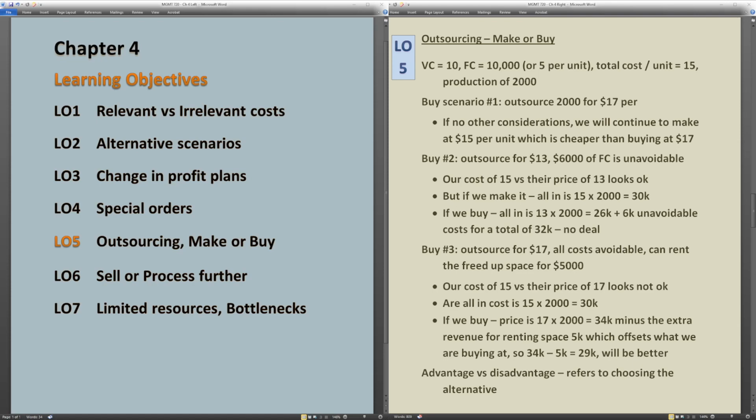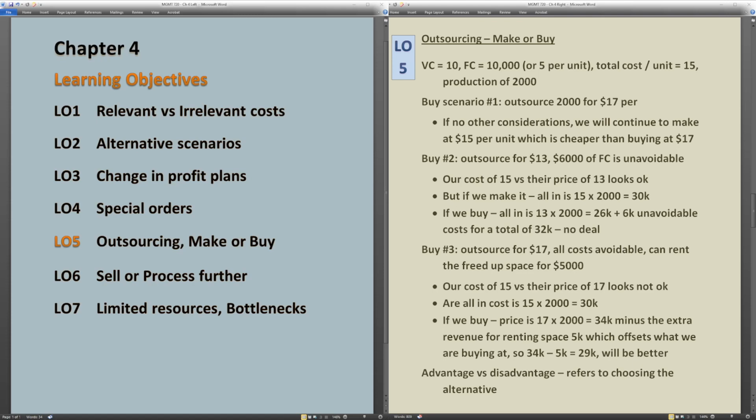So here, just the straight 15 versus 17 does not look okay. Under the first scenario where we're making it ourselves, it's $15 per unit times 2,000, or $30,000. If we buy, yes, the per piece unit is expensive. 17 times 2,000 is $34,000, but we would also be bringing in $5,000 for renting that space.